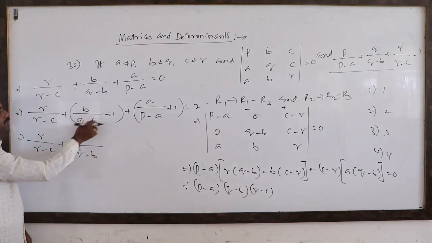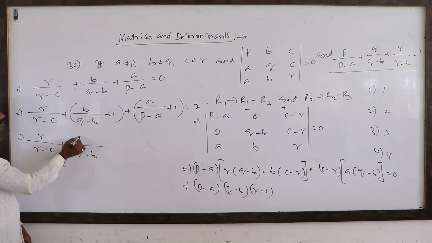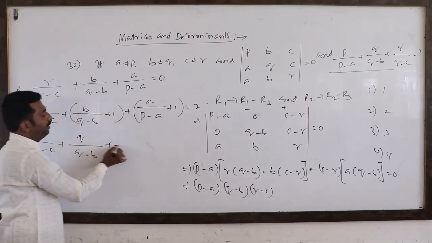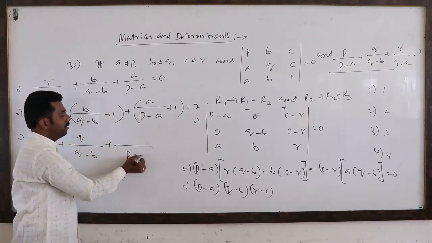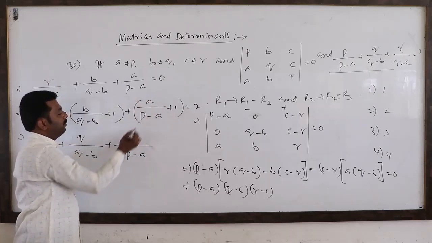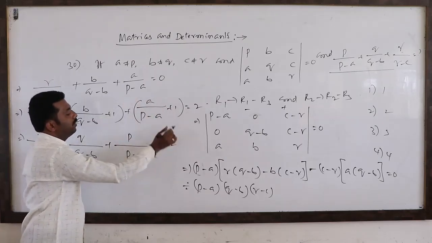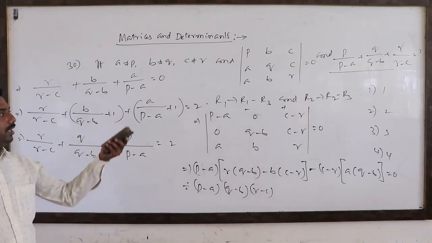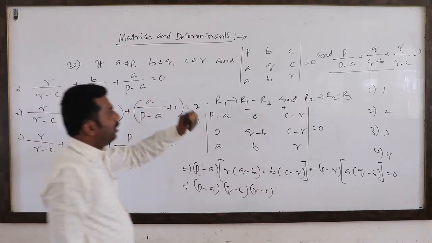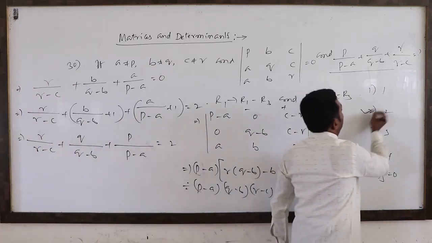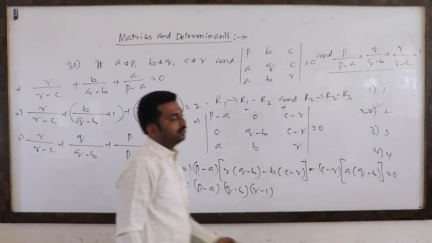Q minus B. So minus B plus B cancel. Q divided by, so P minus A. So minus A plus A cancel. So this value is 2. So clearly you observe, this determinant value is always 2, so we can give the second option as the answer.